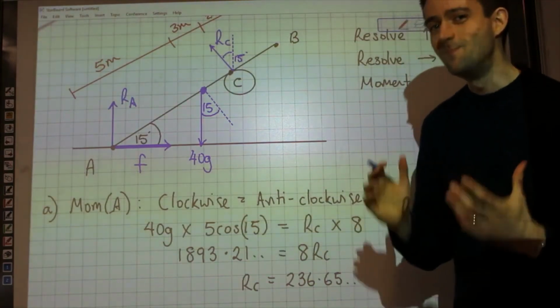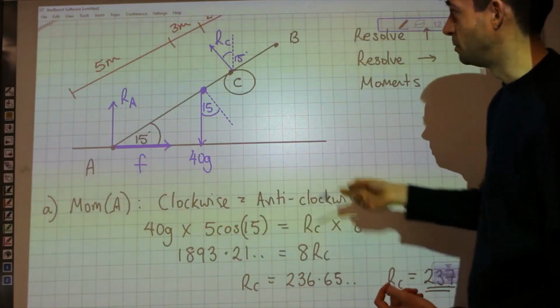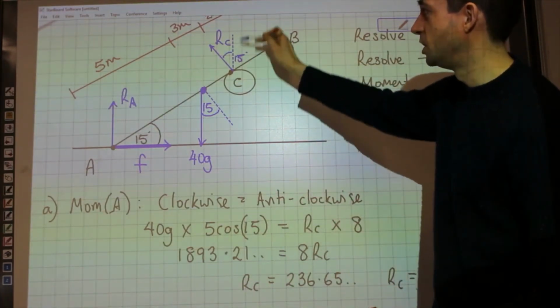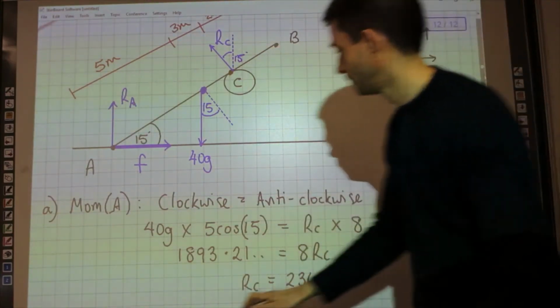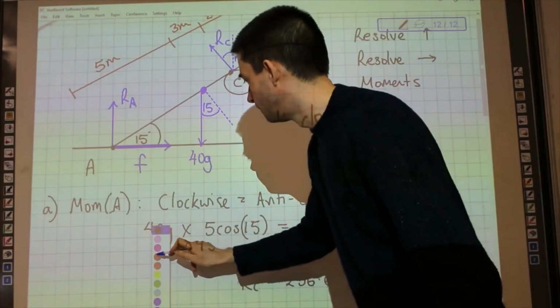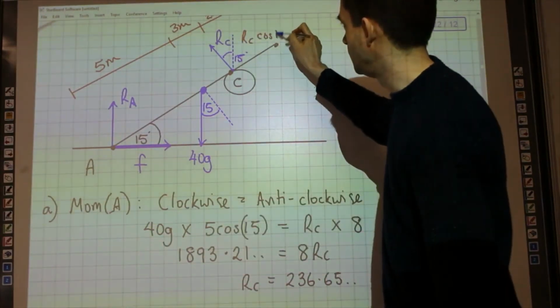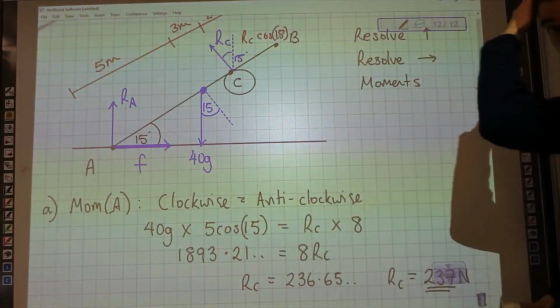Great. No. Here is where drawing the dashed line at the start comes into its own, because look, there is another force acting upwards, which is the vertical component of the reaction at C. So let's label that on there. We've got RC cos 15, which is acting vertically.